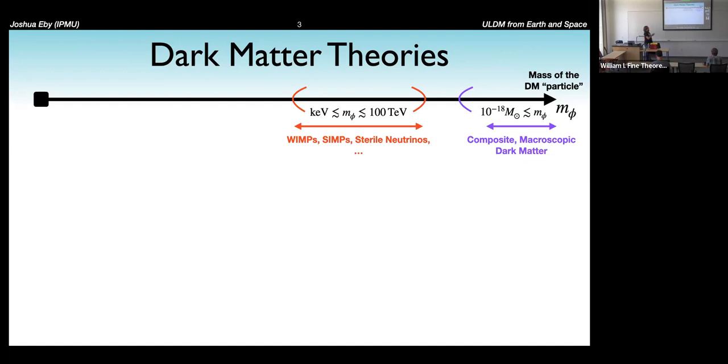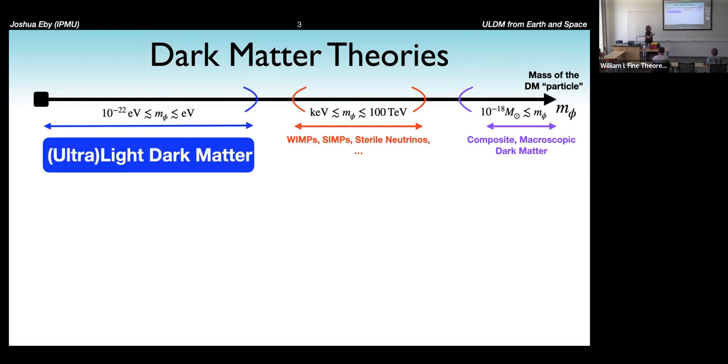There's been a lot of work historically. Most of the research effort is dominated by this intermediate range where the mass of the dark matter is connected somehow to the weak scale. So the mass is sort of TeV, but now people are interested in much lighter masses and also potentially much heavier masses. All of this is very cool and interesting, but it's not what I'm interested in today.